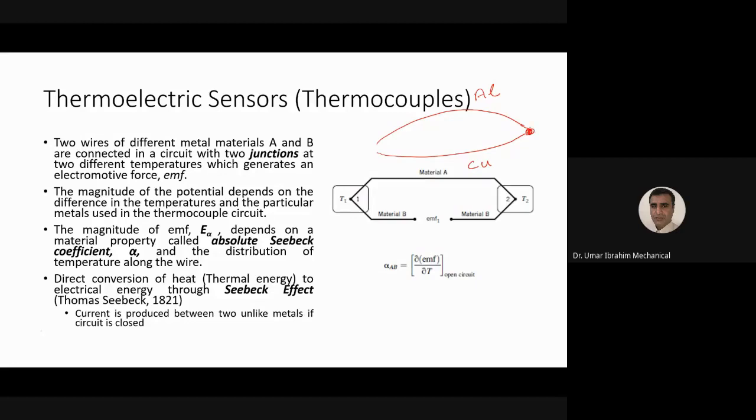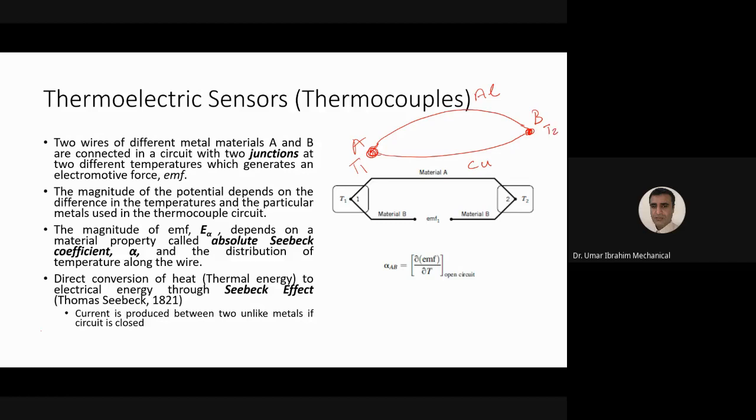So I get one junction, and there is another junction. These are two dissimilar material wires which make junctions A and B. Now let's suppose the temperature experienced by junction A is T1 and the temperature experienced by junction B is T2.